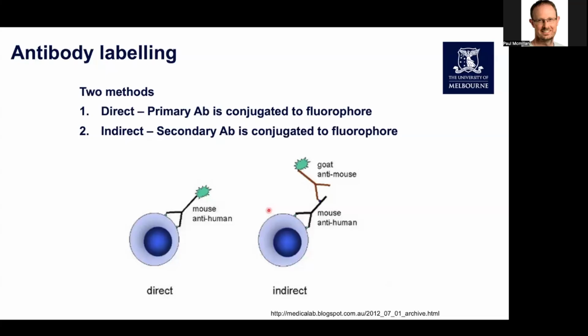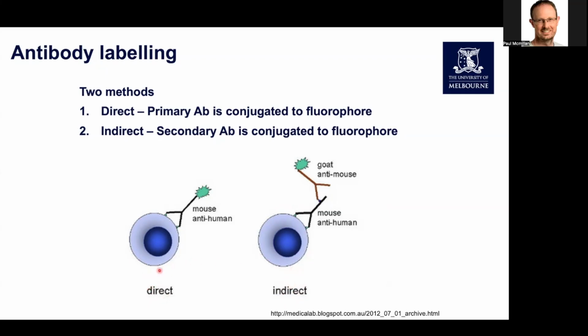All right, while we're talking about antibody labeling, let's quickly discuss a couple of approaches that we can do to do that. So the 2 main methods are divided into what we call direct immunofluorescence assays and indirect immunofluorescence assays.